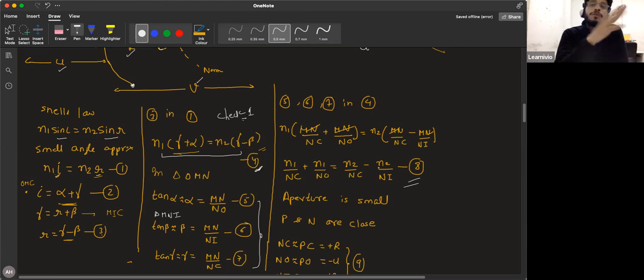If you look at the previous 5 years' questions, you will find this derivation in almost 3 years. Very, very important derivation. Tell me when you have written up to equation number 8.